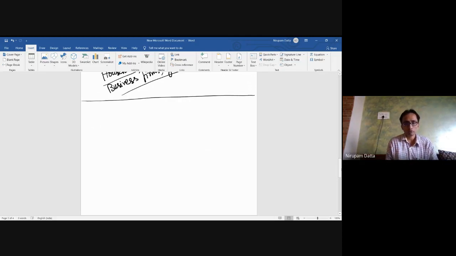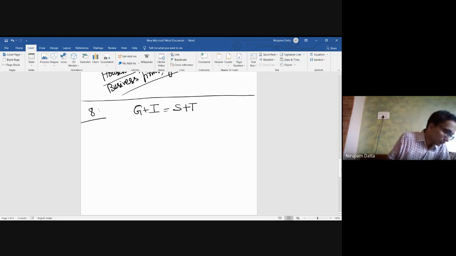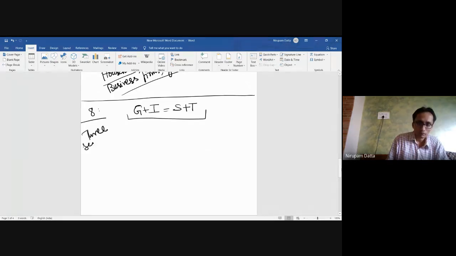You have to show this one: I plus G is equal to S plus T. Draw the three-sector economy diagram along with the equations applicable.